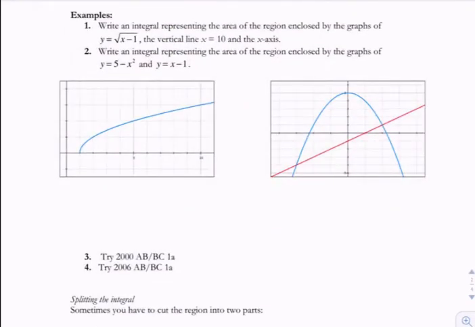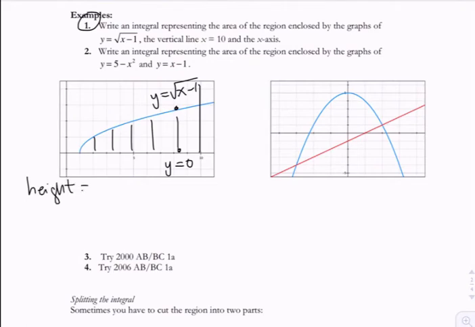So let's do these two examples. Same examples as before. Number 1, write an integral representing the area of the region. So there's a couple cross sections here. The top is always on the square root graph. The bottom is always on the line y equals 0. So your height is going to be top minus bottom, root x minus 1 minus 0.